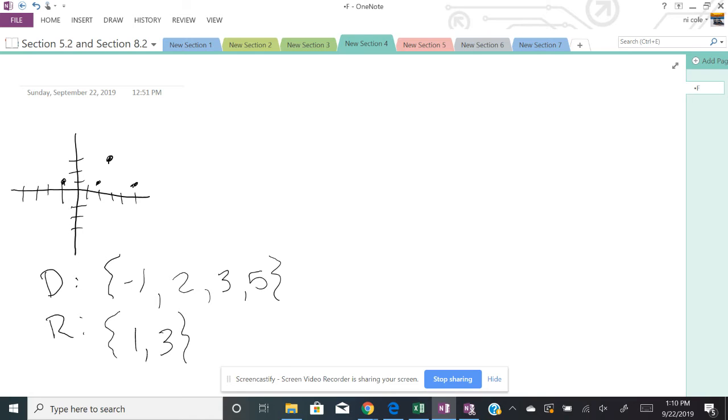Now is this a function? Yes, it's a function. The reason this works is because each input has an output, a unique output. I know that some of the outputs are shared, and that's acceptable. You just can't share inputs going to different outputs.